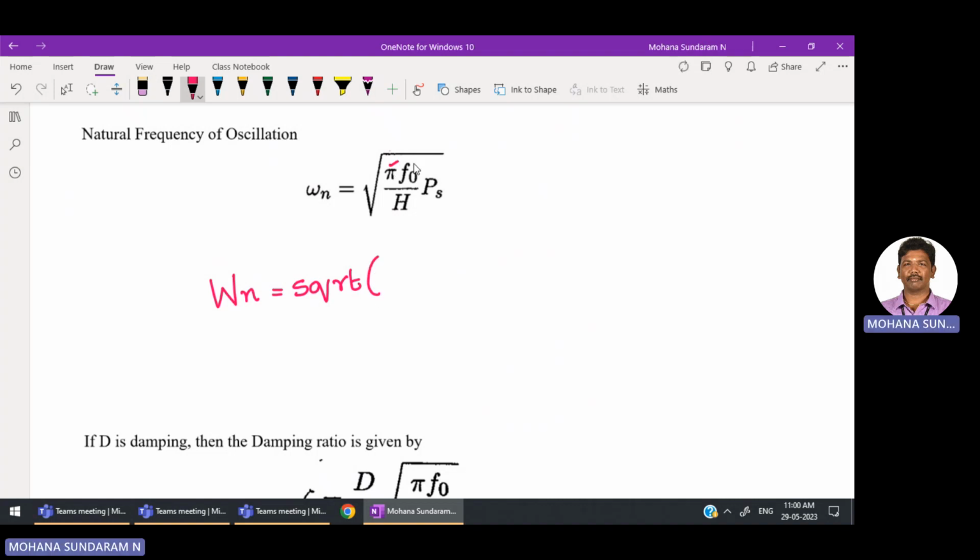You have pi, f naught, and Ps in the numerator. So I will multiply all those: pi, using the letter pi, into f naught, into Ps. So the numerator is over. The whole numerator you have to divide by H and then close the square root bracket. That's all. This is the equation.